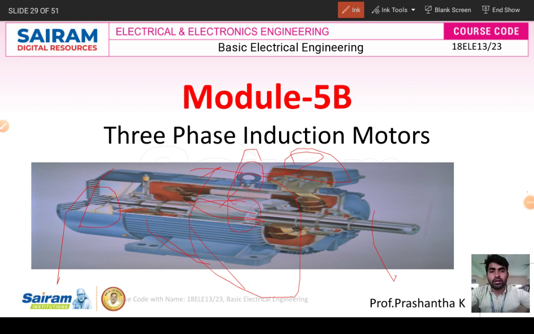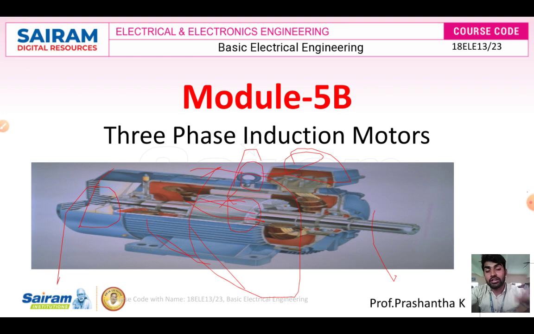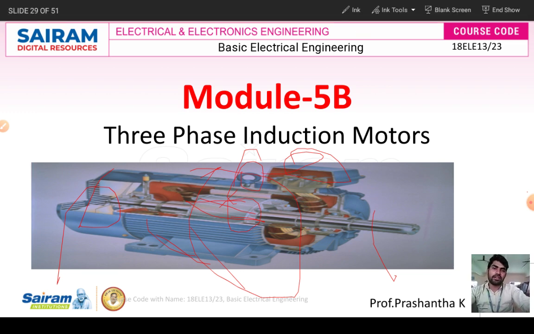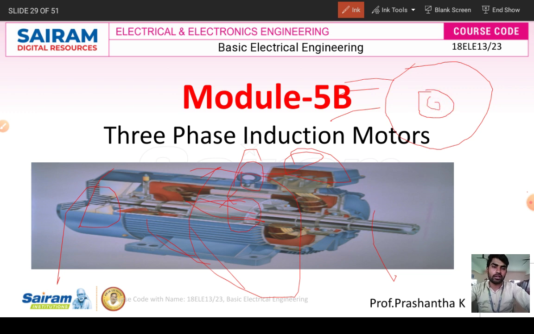Don't get confused between the induction motor and the AC generator. In an AC generator, current is collected from the stator armature conductors, but here if you give power supply to the stator, it produces a rotating magnetic field. I'll draw the diagram for your reference. This is the induction motor, and we are giving three-phase supply. Here a rotor is present.